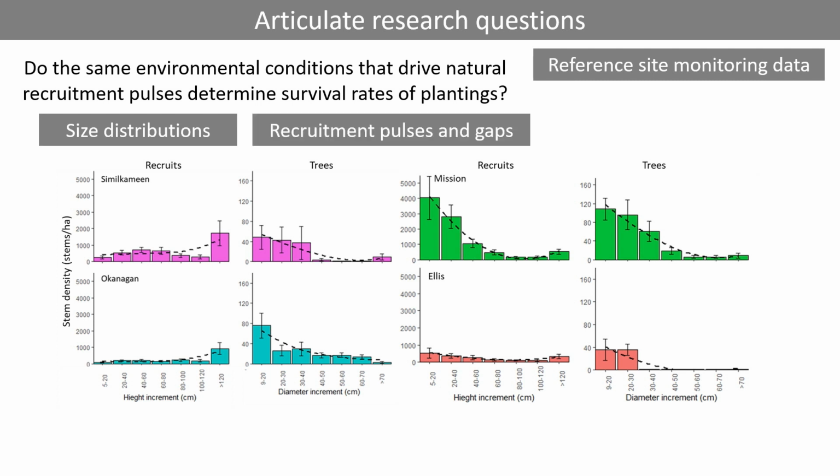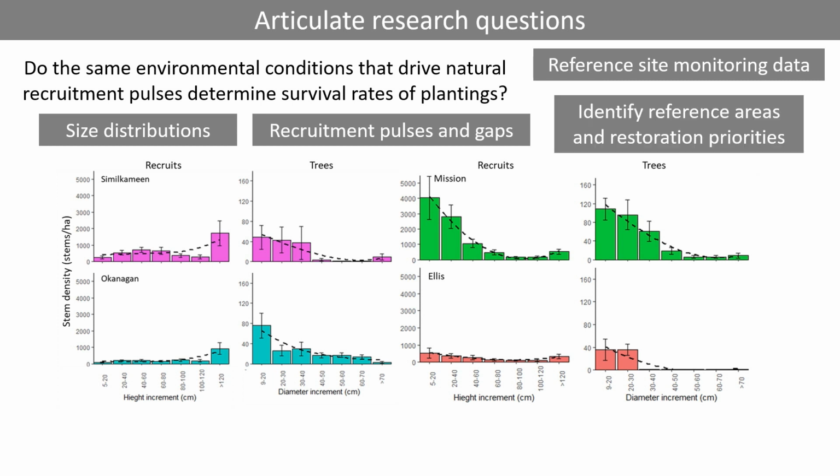We can identify recruitment pulses and gaps and put that together with root growth rates to come up with the timing of when recruitment pulses and bad years for cottonwood occurred. And we can compare that then to your records of planting projects to see if there's overlap.